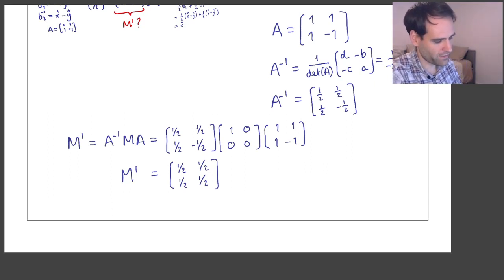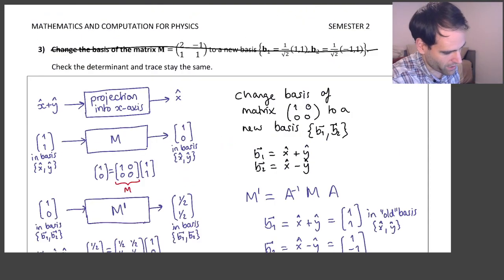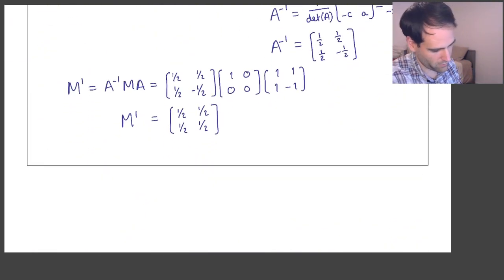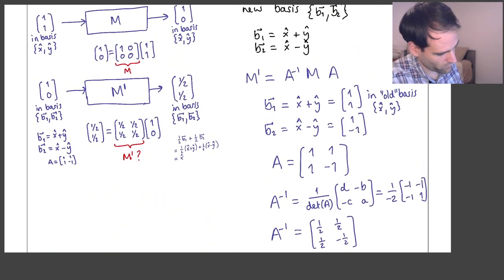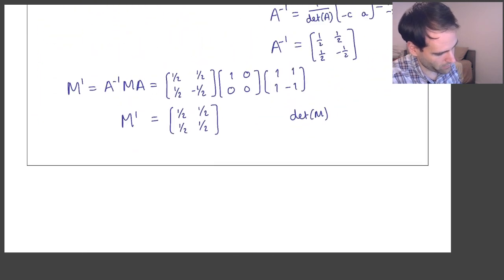Now, I did this product very fast because I already had the answer, but you know how to do the product of these two matrices, and whatever is the result, you then multiply it by this matrix. Okay, so now the question asks, check that the determinant and the trace stay the same. So indeed, the determinant of M is equal to 0, and the determinant of M prime is also equal to 0.